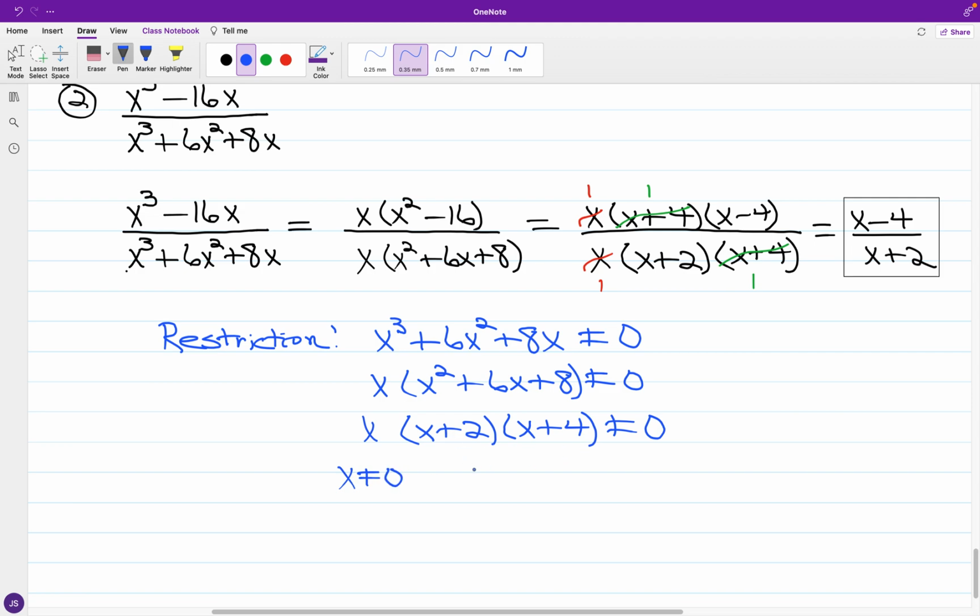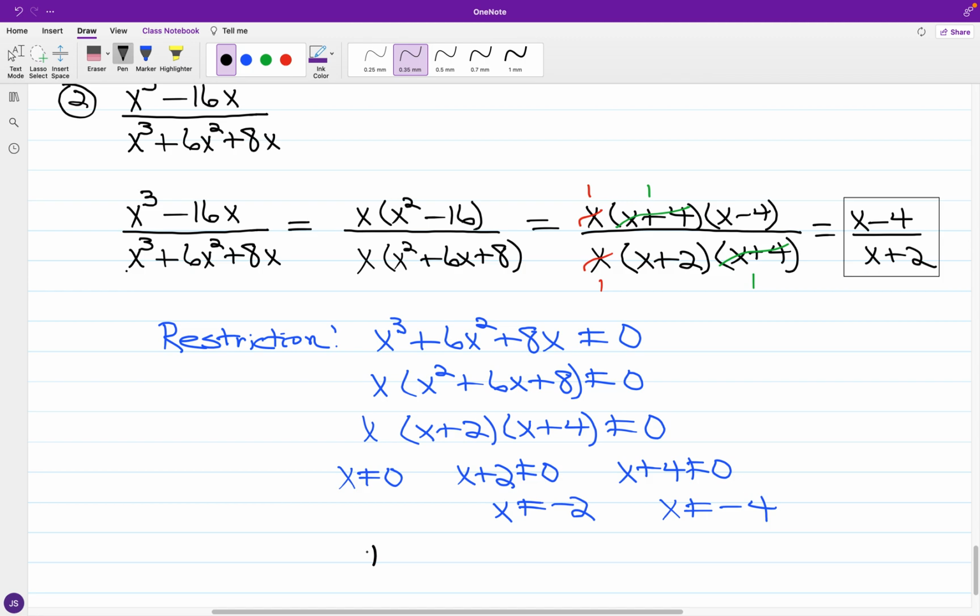So x cannot be 0. From x plus 2, x plus 2 cannot be 0, so x cannot be negative 2. And from x plus 4, x plus 4 cannot be 0, so x cannot be negative 4.